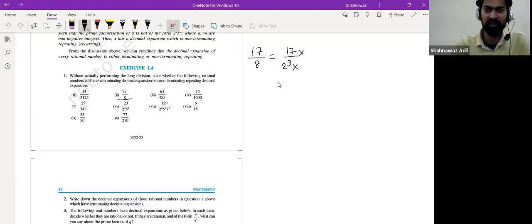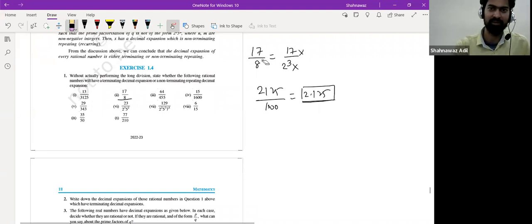And what is the answer? 2125 divided by 1000, which is 2.125, right? And Rizwan, did you get the same answer? Yes, sir. So right answer.